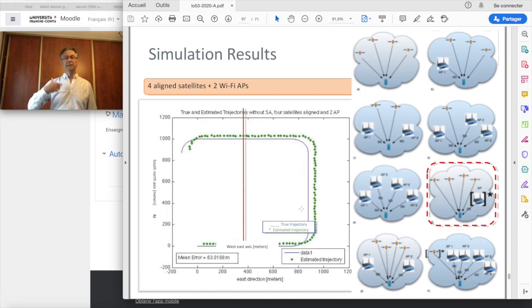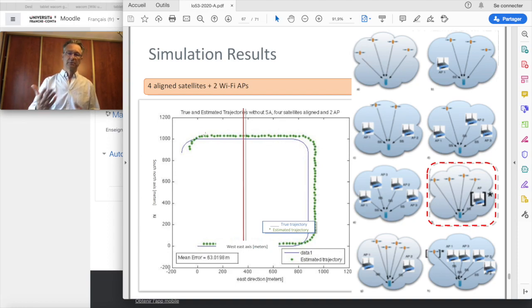So now, to illustrate what a combination is, if we use the 4 aligned satellites, which deliver a not very good accuracy, and combine it with 2 access points, we can manage to improve the signal. As you can see, the green dots are quite close to the real trajectory, but we still have more errors here than here.